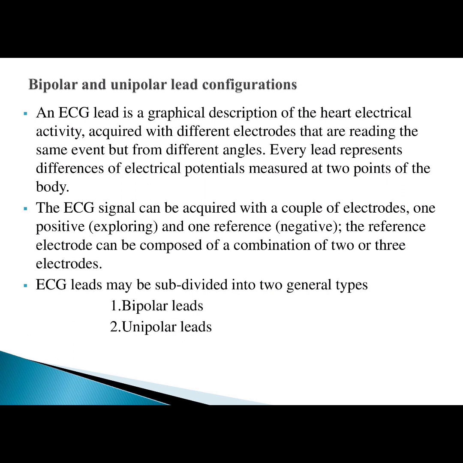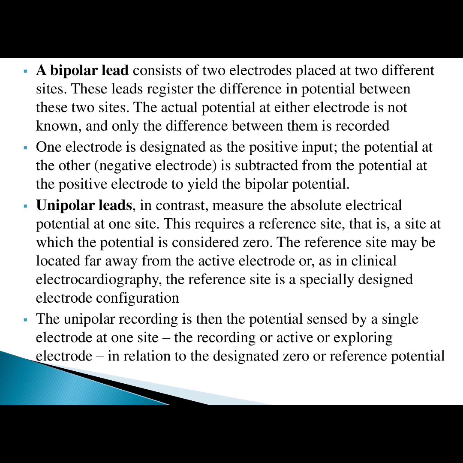The ECG signals can be acquired with a couple of electrodes, one positive exploring and one negative reference. The reference electrode can be composed of a combination of two or three electrodes. ECG leads may be subdivided into two general types: unipolar leads and bipolar leads.